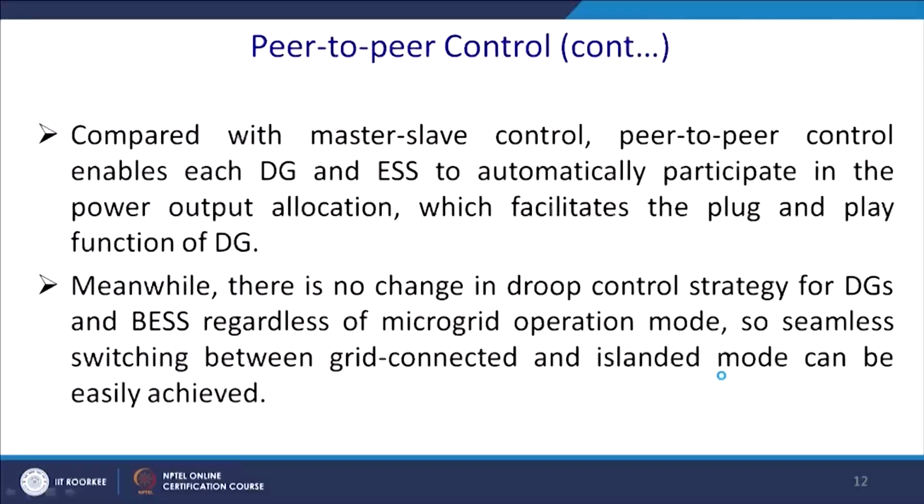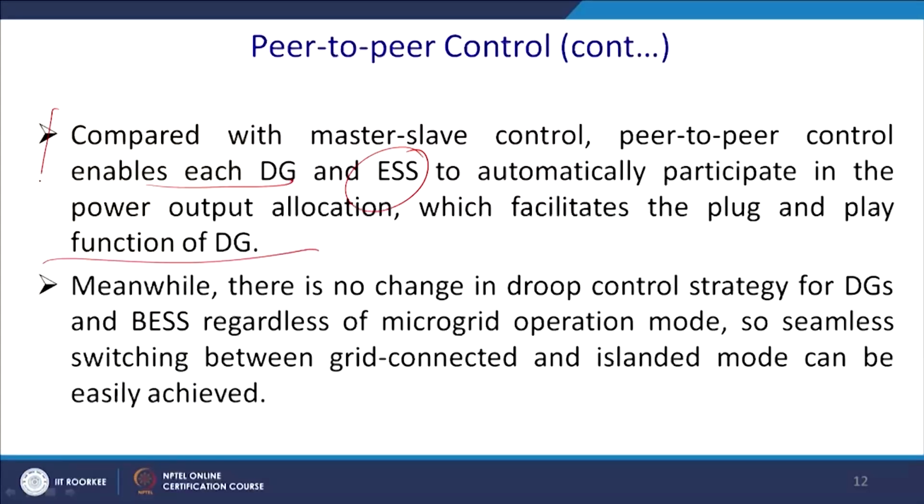Now, what happened? Compared with the master slave control, peer to peer control enables each DG and ESS to automatically participate in the power output allocations, which facilitates the plug and play function of the DG.